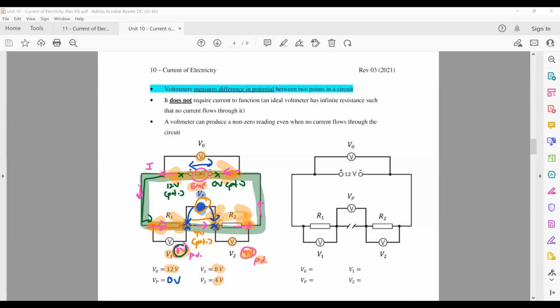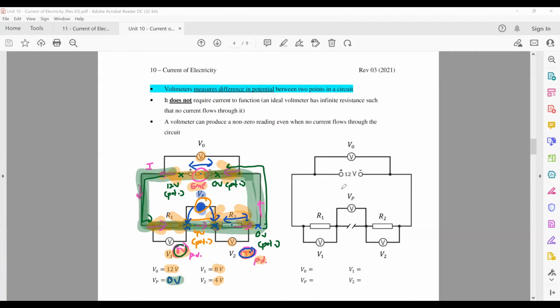After here, you have a PD of 4 volts, a difference in potential of 4 volts across here. 4 volts minus 4 gives you 0, so you get 0 volts potential here, and then it will be constant all the way to here. So now you see there's some contradictions here. There's current flow, but your voltmeter reading is 0.